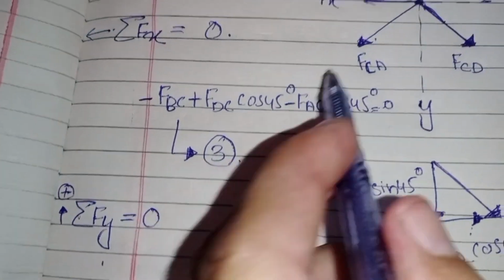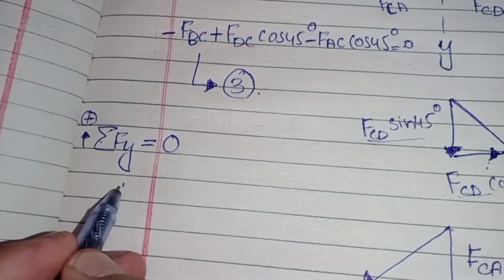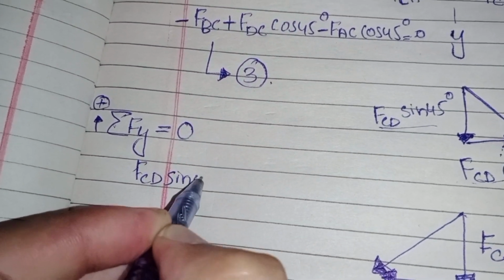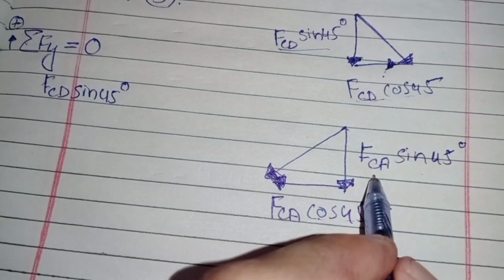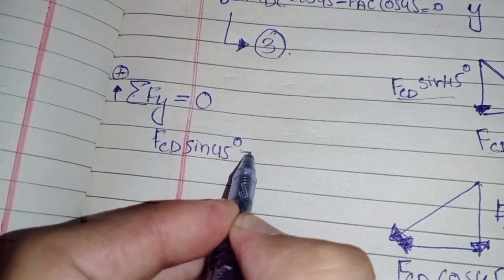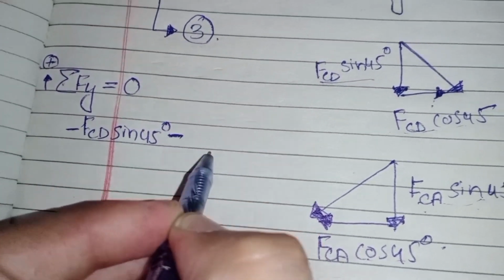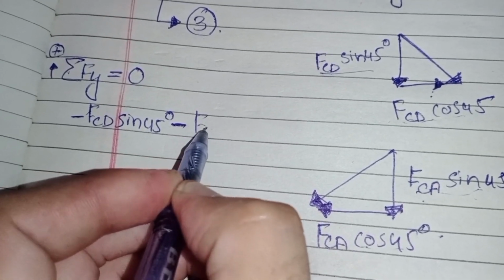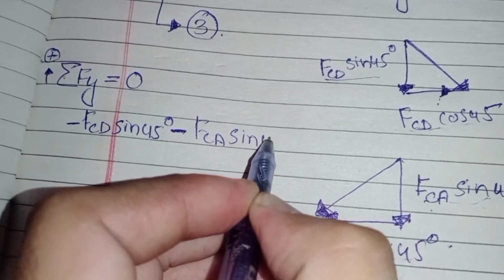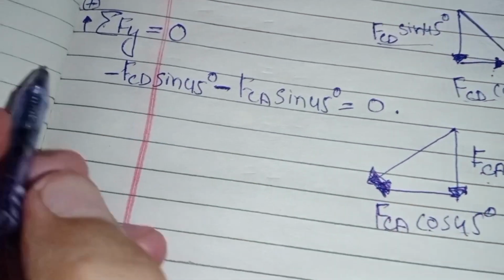So first FCD sin 45, and also FCA sin 45, as both are negative. FCD sin 45, FCA sin 45 equal to 0.